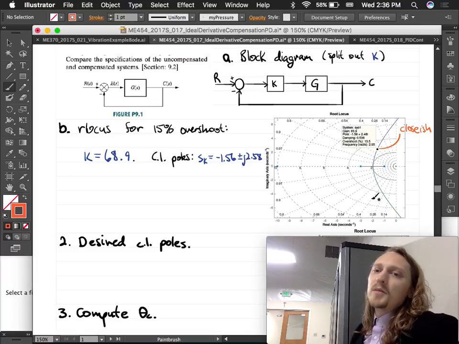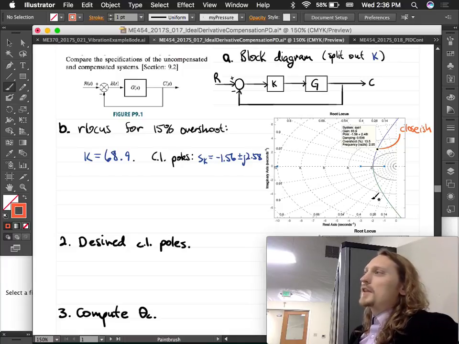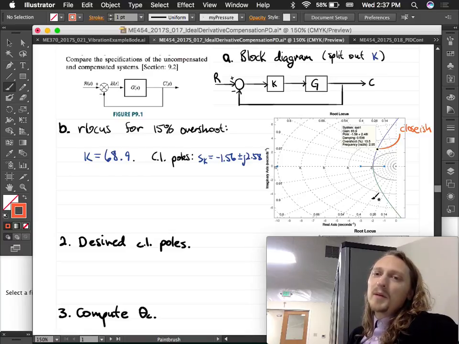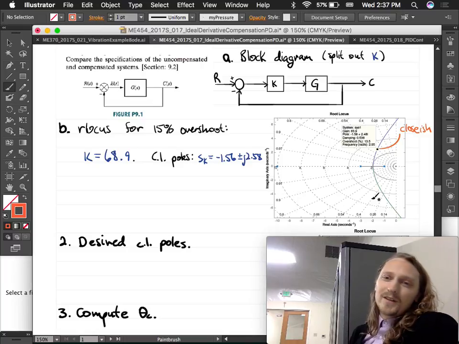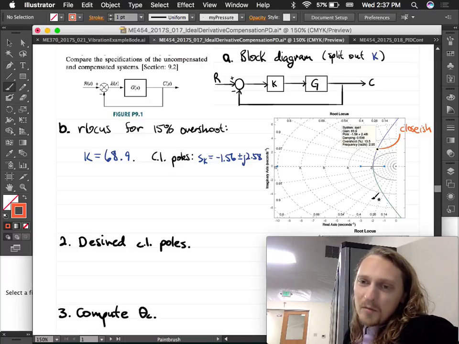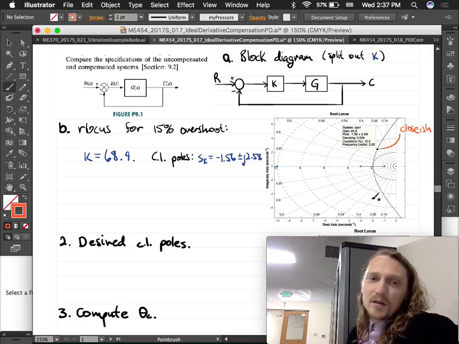I chose to be a little bit on the low side of overshoot. This is me being cautious about what's going to happen next, because remember this is a second order approximation, and we have a third order system, so it might not be perfect. Probably I don't need to be on the first round, but I chose to be, so I chose 13.5% overshoot. Not bad.